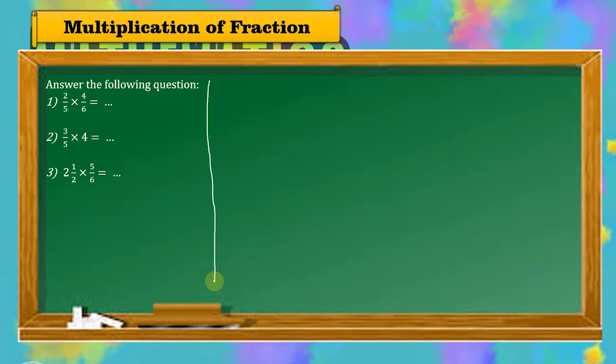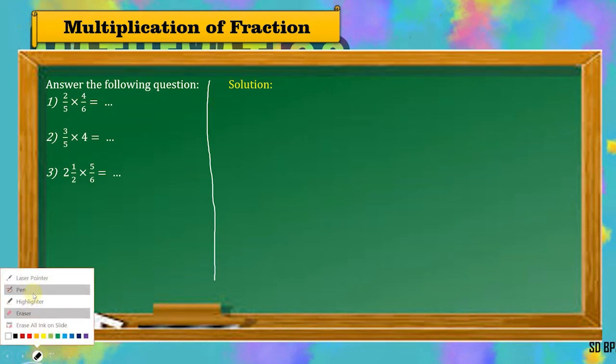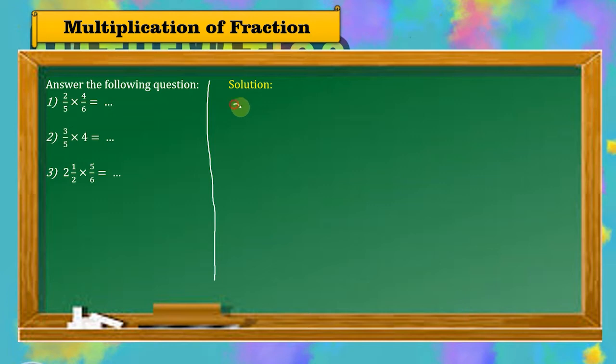Okay, in the solution, 2 per 5 multiplied by 4 per 6.